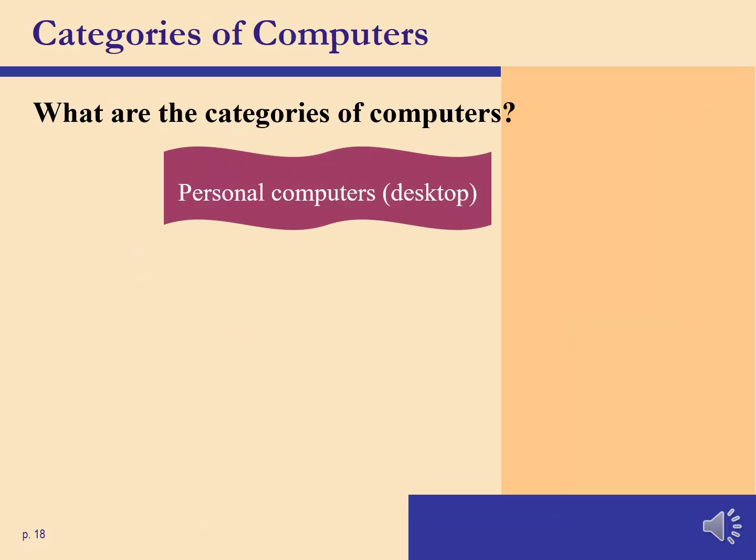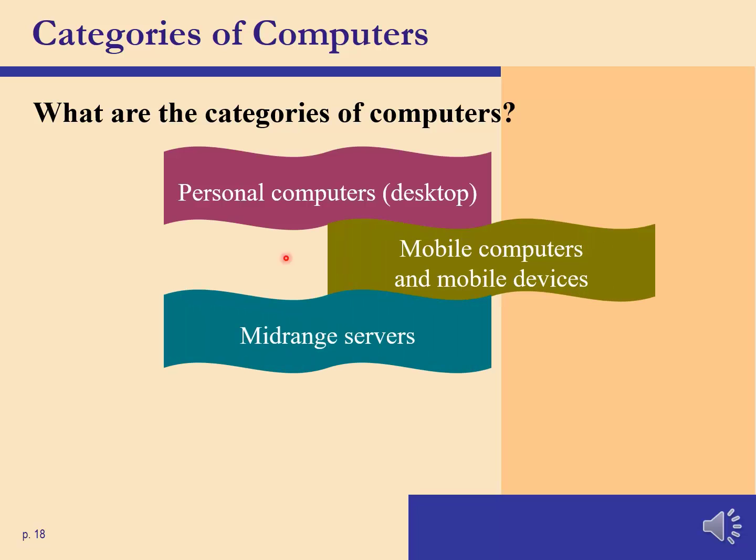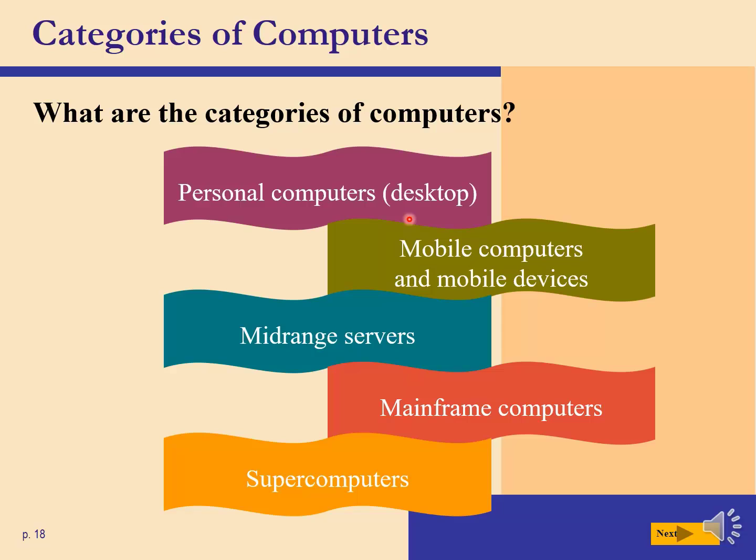Categories of computers. What are the categories of computers? Computers are categorized into personal computers, desktop, mobile computers and mobile devices, mid-range servers, mainframe computers, and supercomputers. This is the main power for computers. Personal computers we can use at home, office or university.